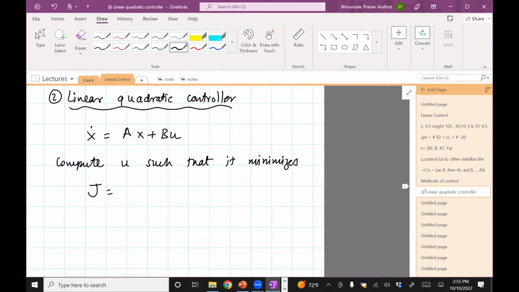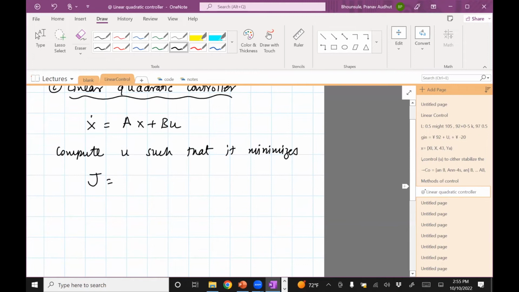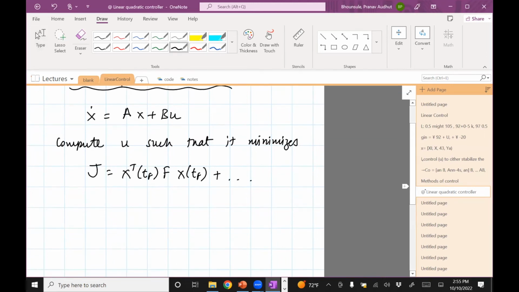So it minimizes J, and J is given by x(tf) transpose F x(tf), plus, let me continue on the new line, integral 0 to tf of x transpose Q x plus u transpose R u plus 2 x transpose N u dt.